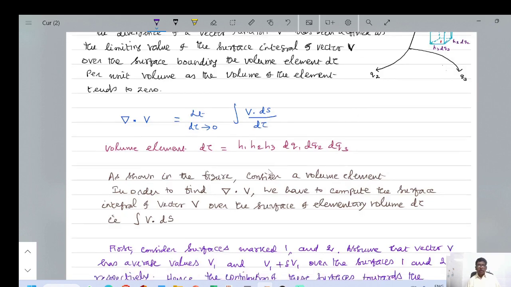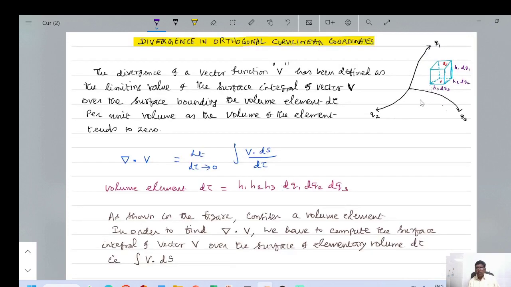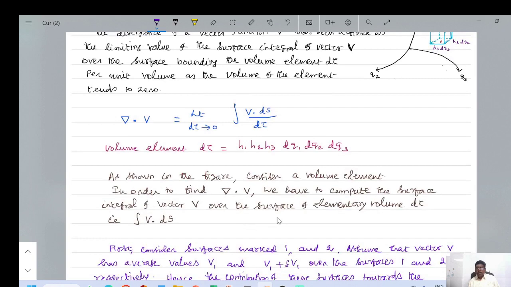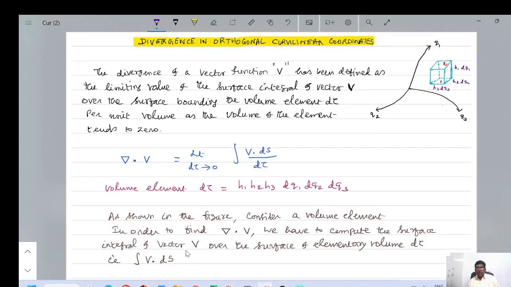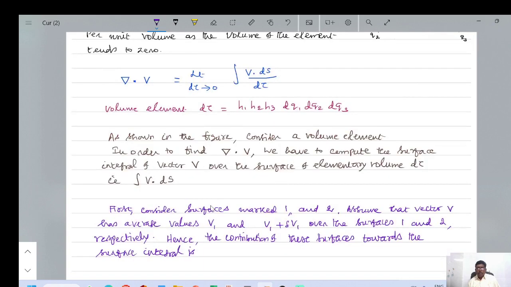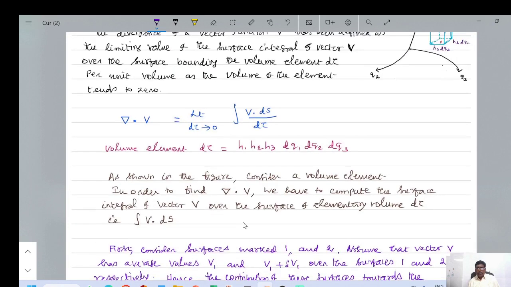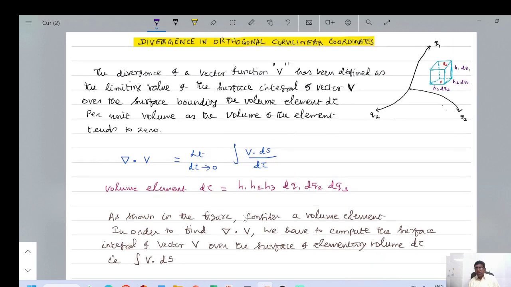Now, as shown in the figure, consider a volume element. In order to find div of the vector v, we have to compute the surface integral of vector v over the surface of elementary volume d tau, that is v dot ds. First, consider the surfaces marked 1 and 2.